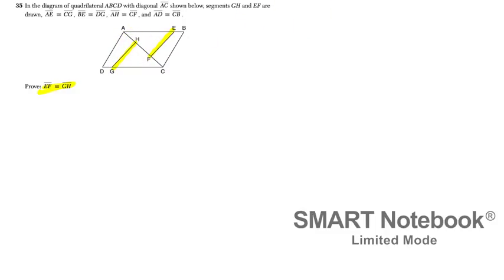And I know that in order to prove that two sides or two angles are congruent, usually my best method is going to be to prove two triangles are congruent. And I want to pick triangles that these are sides of.